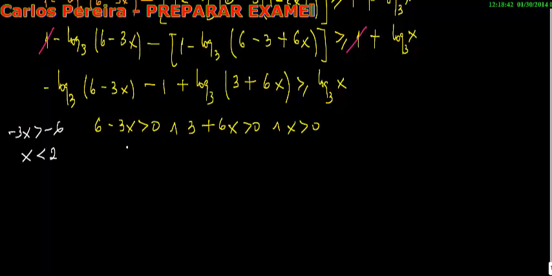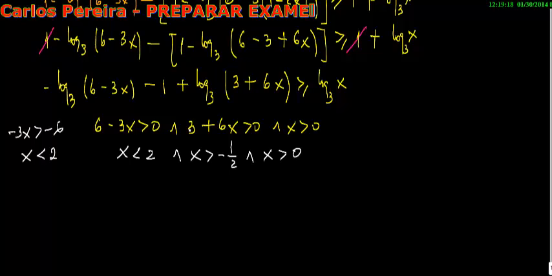So here I will have x less than 2, and here I think you can do these calculations by head, can you? This number 3 jumps to the other side and is going to divide by 6. So I will have x greater than minus 3 over 6, which is the same as minus 1 over 2, and x greater than 0. Is that okay for you?